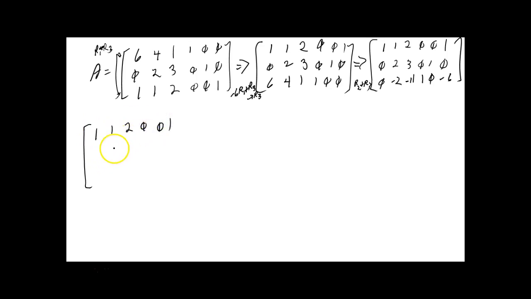Let's add them first and get the new row 3. 0, 0, negative 8, 1, 1, negative 6. Now we're going to do row 2 divided by 2 is the new row 2. So what will it become? 0, 1, 3 halves, 0, 1 half, 0.